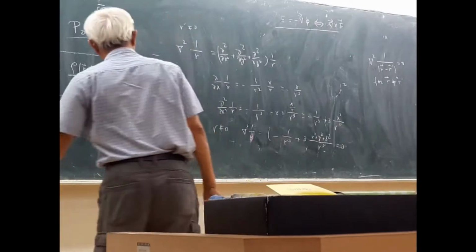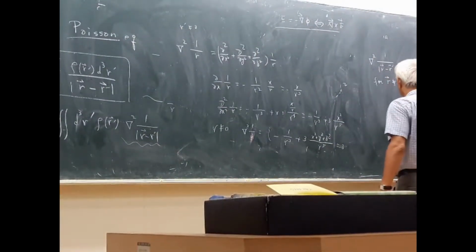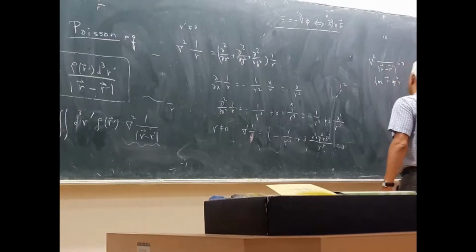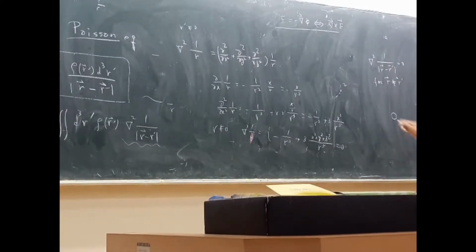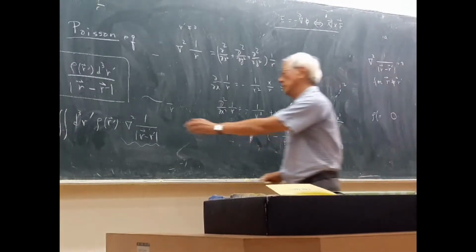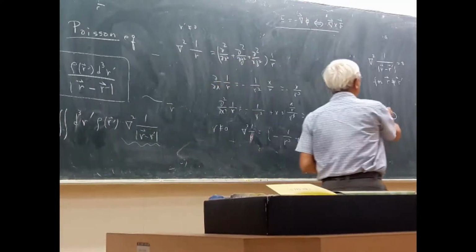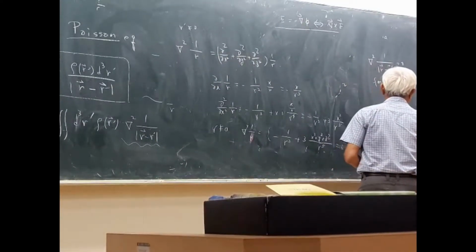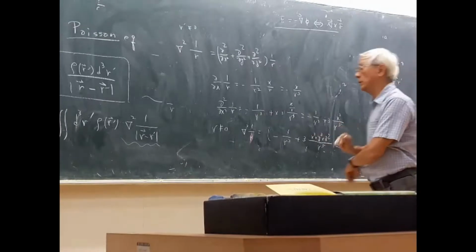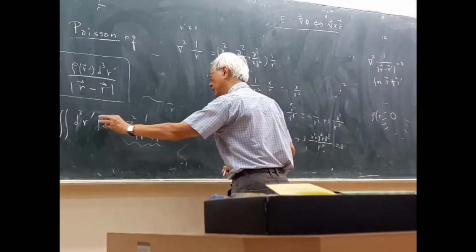How do we calculate that? Make it a sphere. Make it rho r, because we can make this sphere as small as possible. However, everything is 0. So only around r prime, this sphere can be as small as possible.